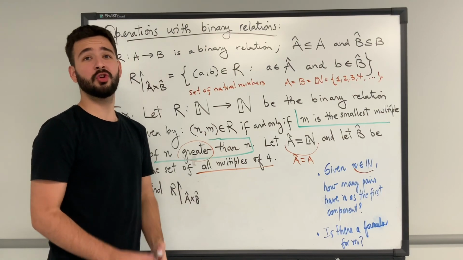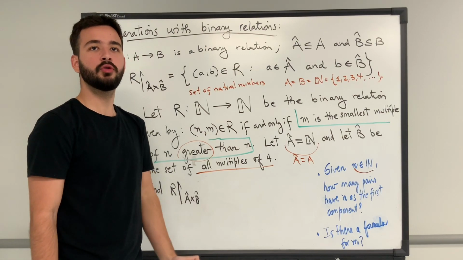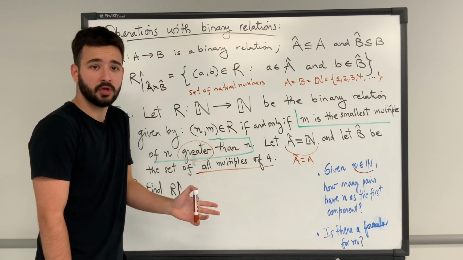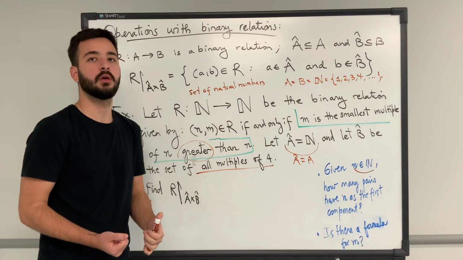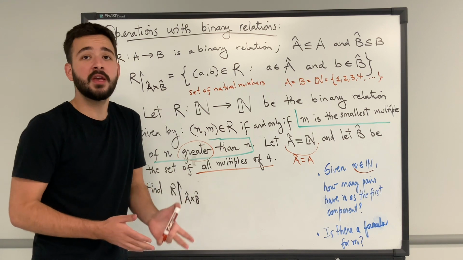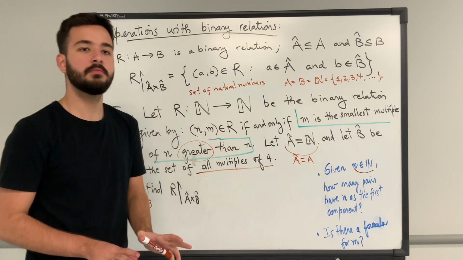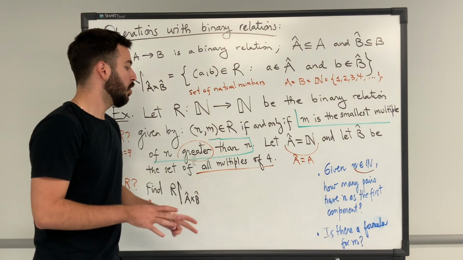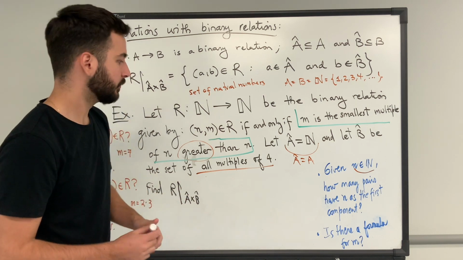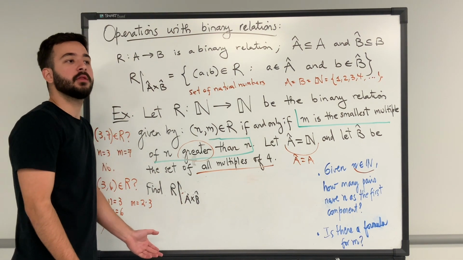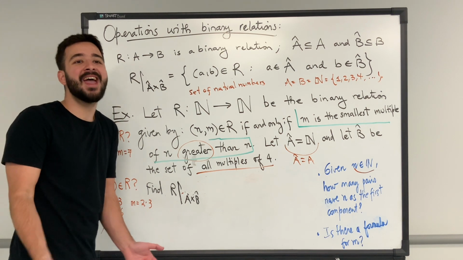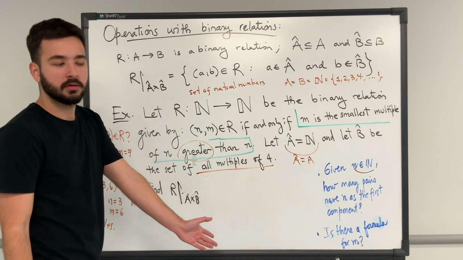Okay, to solve this exercise, the first thing I'll do is pass from the given intentional representation of R to an extensional representation. Why? Because I think it's going to help me. So to start, what's a multiple of n? A multiple of n is a natural number that is obtained by multiplying n by another natural number.